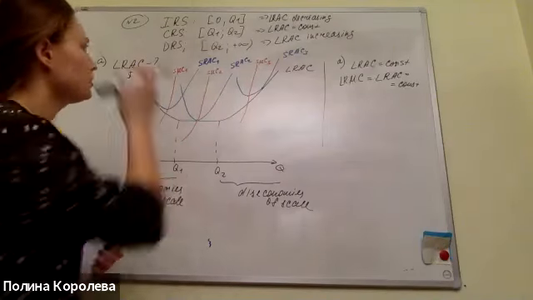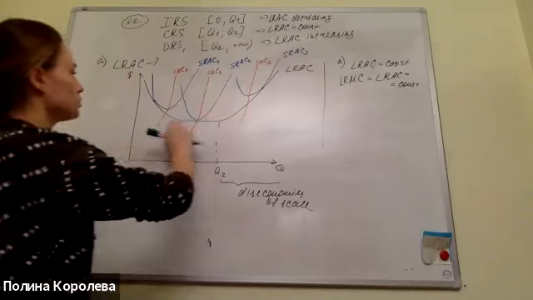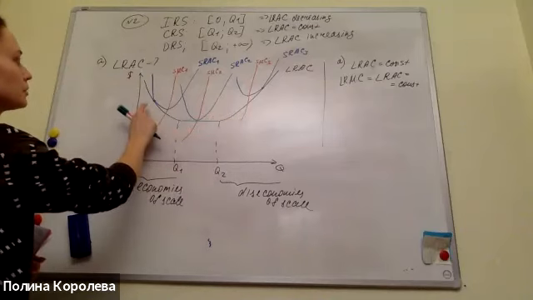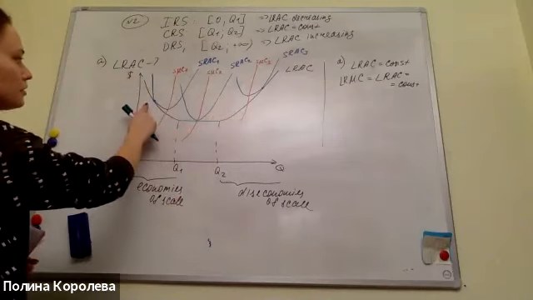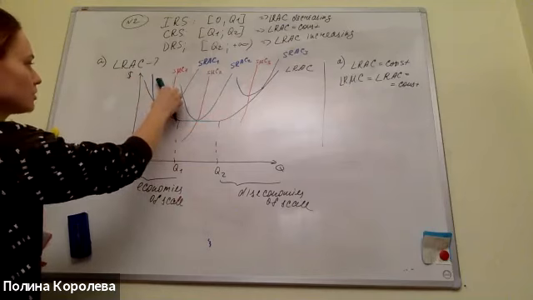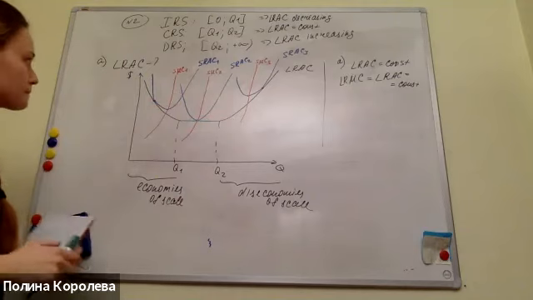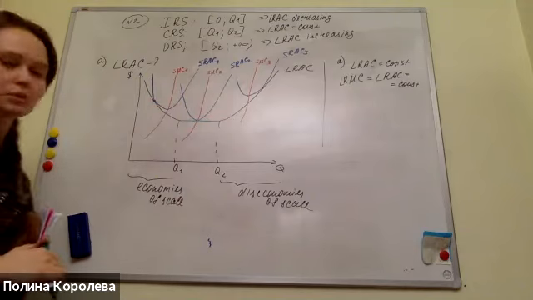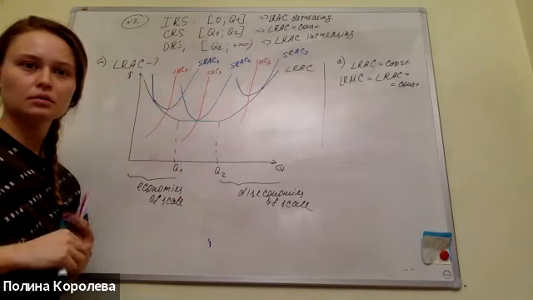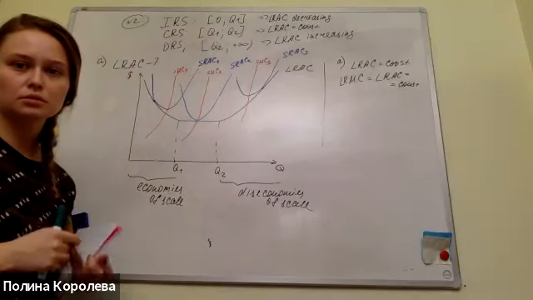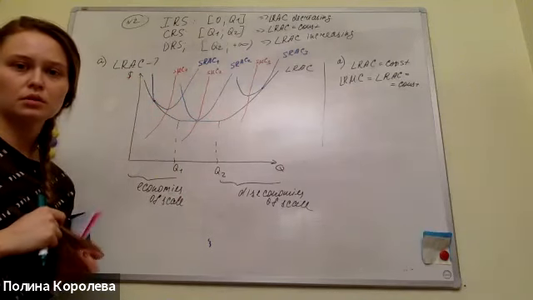long-run marginal cost when we have economies of scale here? They will be higher than long-run average all over. We have economies of scale. Please answer. Who knows? Lower, they will be lower.